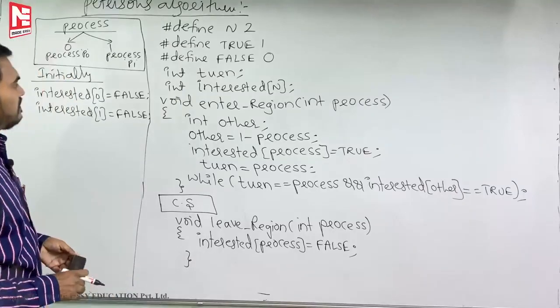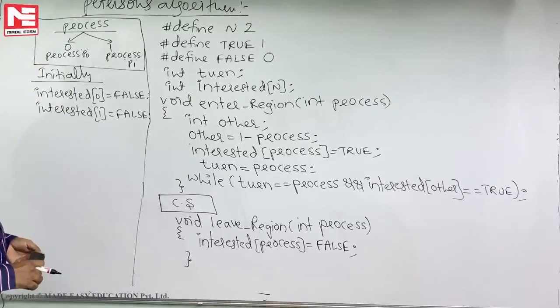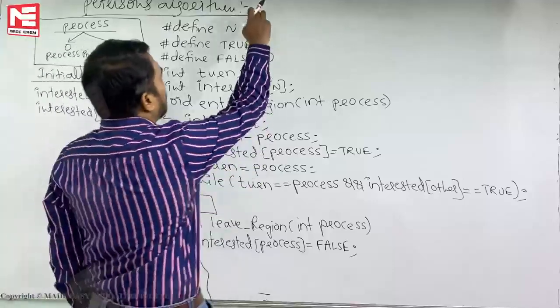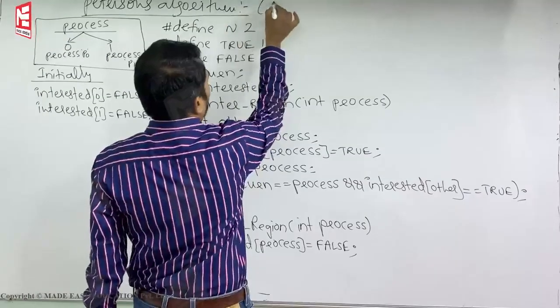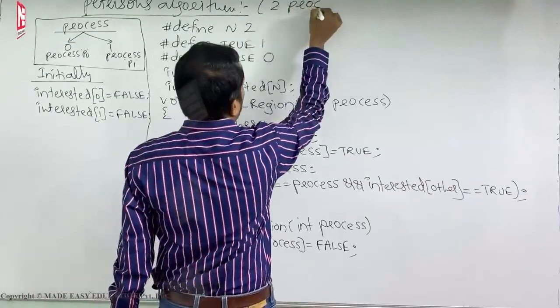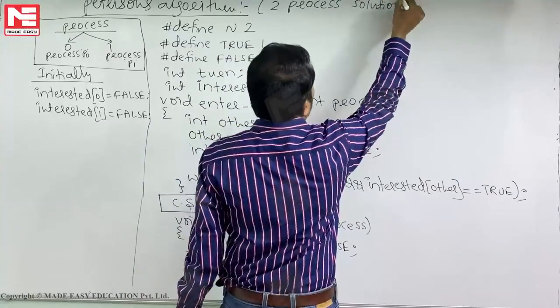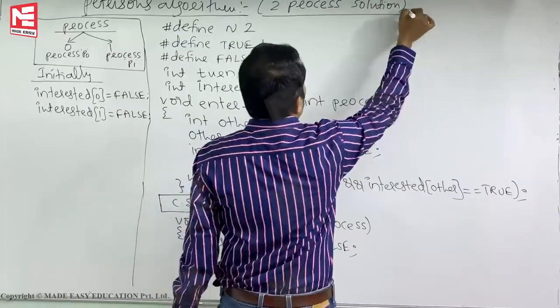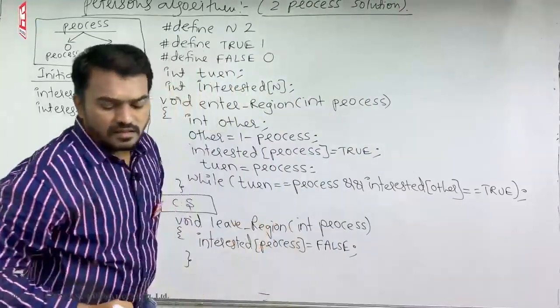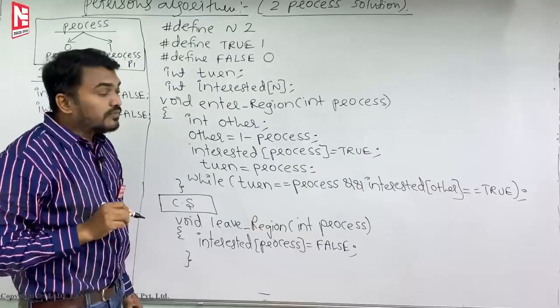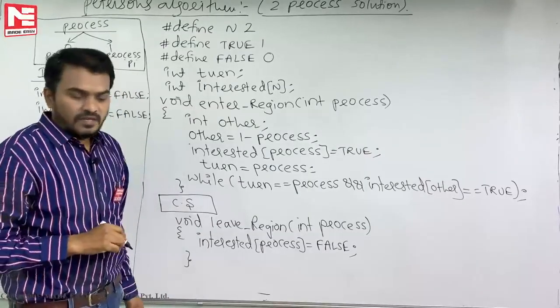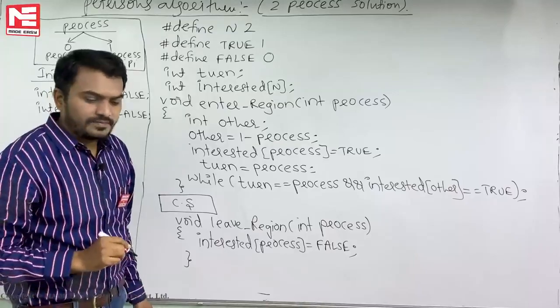So let's move on to this. What is the meaning of Peterson's algorithm? Let's try to understand. In the braces write Peterson's algorithm: it is a two process solution. It means the solution works only for two processes.